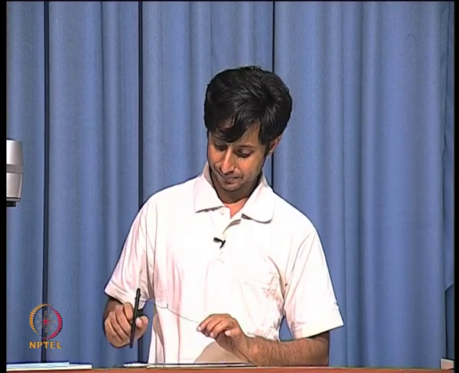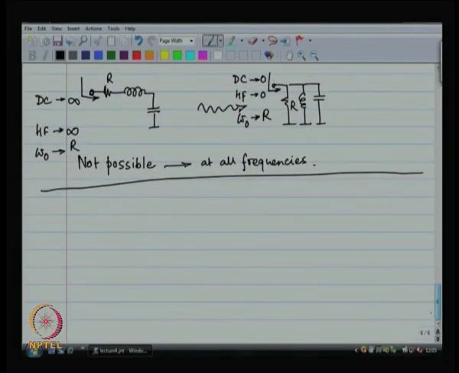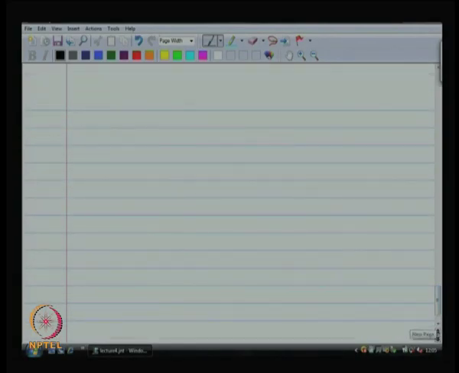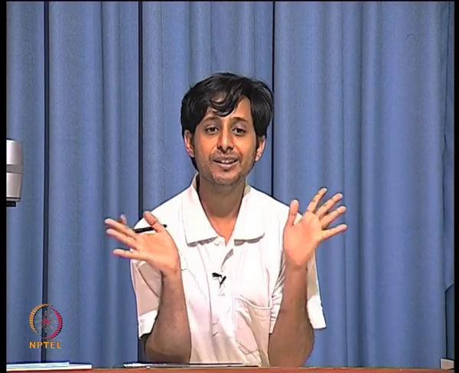All right. Now, let us try to go step by step. So, first observation is, if you want to do a series to parallel transformation or a parallel to series transformation, then it is in general not possible to do such a thing.